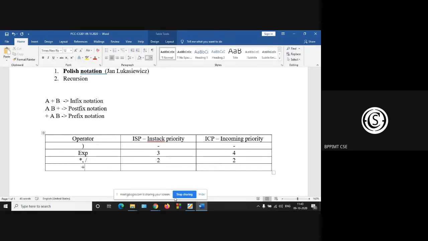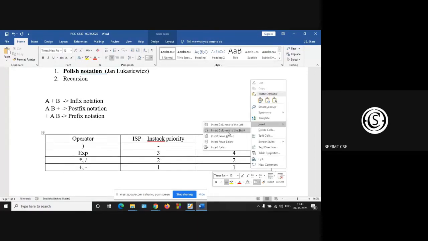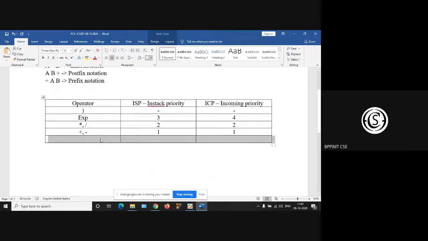For plus and minus, these are 1. And for opening bracket, this is 0 and this is 4. So this is the chart for operators and the in stack priority and incoming priorities.